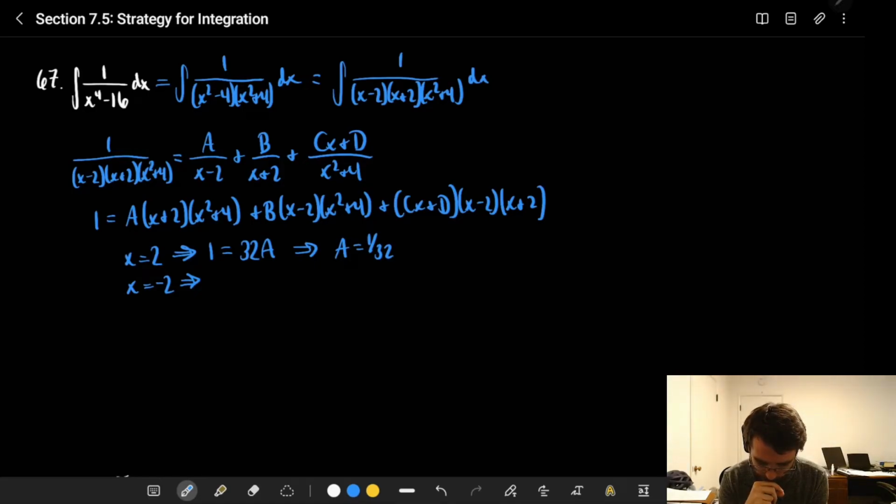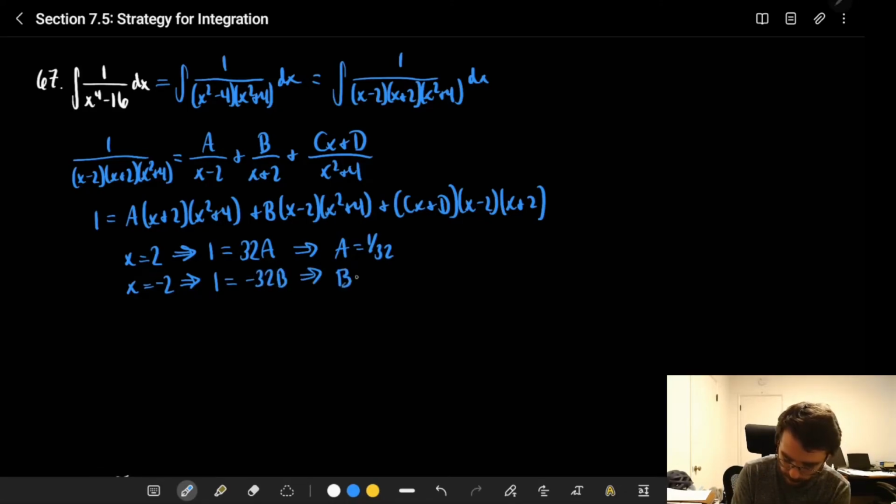That cancels out a lot. It doesn't quite cancel out everything, but let's see. That would give us 1 equals a times 0. Yeah, it does work. Plus b times negative 4 times 8. So that's negative 32b. So b is negative 1 over 32. Very similar.